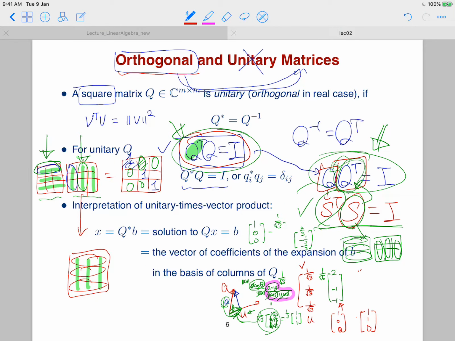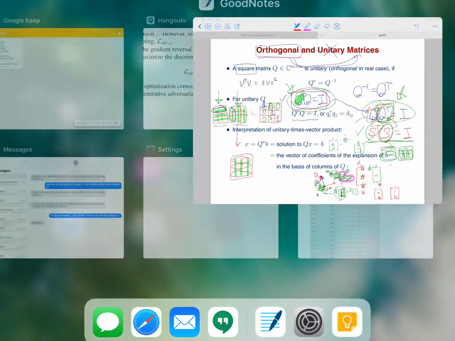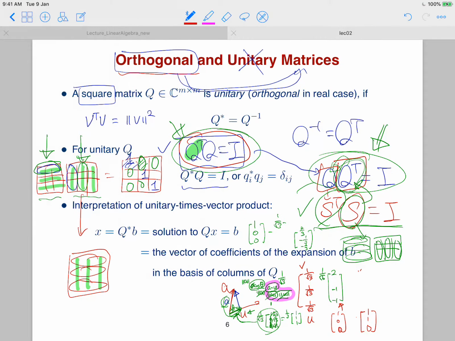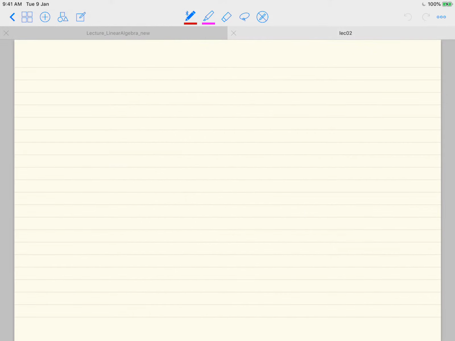Okay, so why is it, I mean, where is it useful? It is useful to compute the orthonormal version of our columns compared to the non-orthonormal versions of the columns. For example, it is related to the least squares problem, but let's think of the projection onto the subspace spanned by these two non-orthonormal vectors.